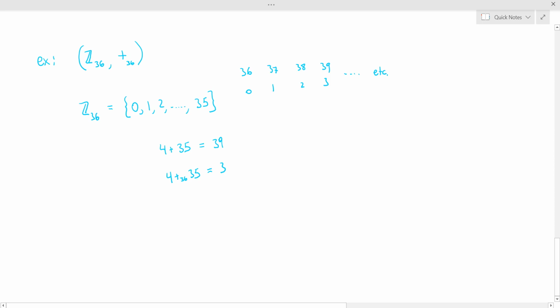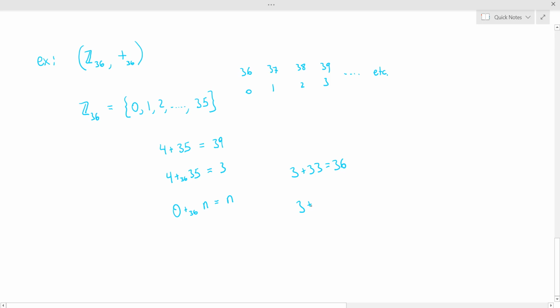So 0 is the identity element still. 0 plus any other number will just give you that number. And every number has an inverse. So for instance, 3 plus 33 gives us 36, which we're saying is the same as 0.